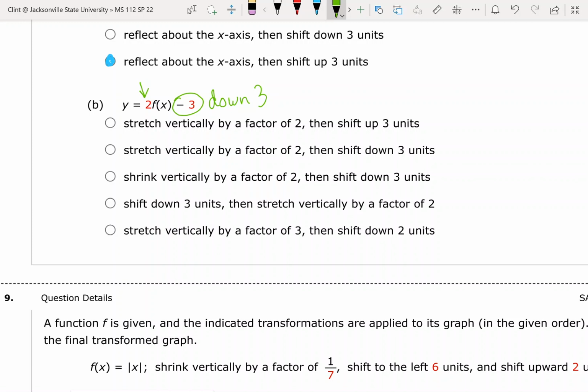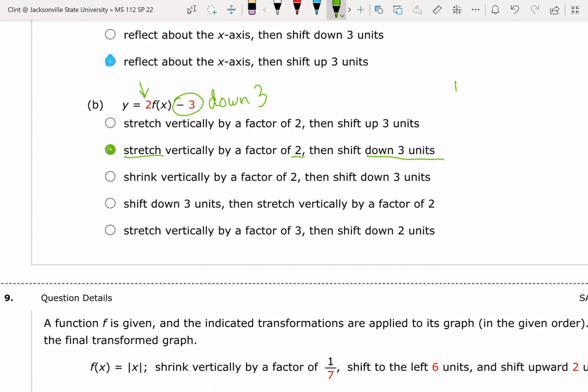You gotta remember, if we multiply by a number bigger than 1, that's a stretch. If we multiply by a number between 0 and 1, that's a shrink. So we multiplied by 2, so we have stretched by a factor of 2. So that's going to be that one. So that's stretch 2 and then down 3.